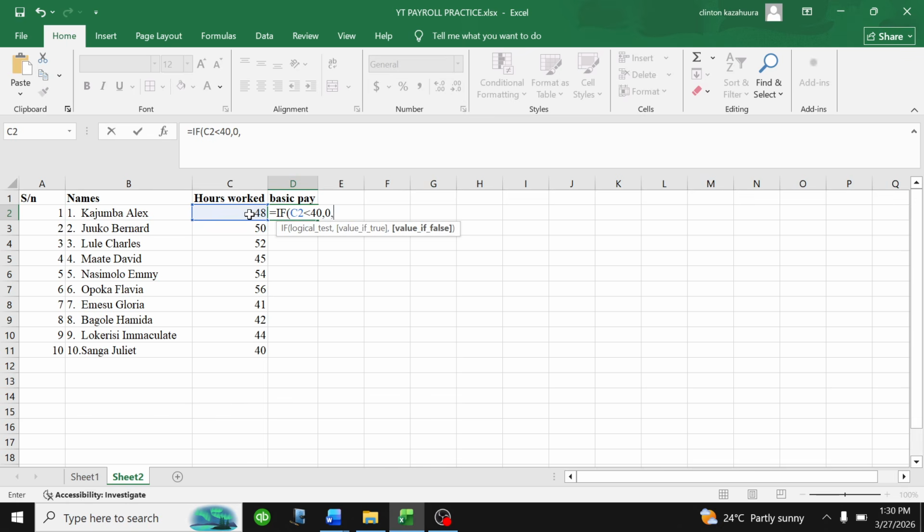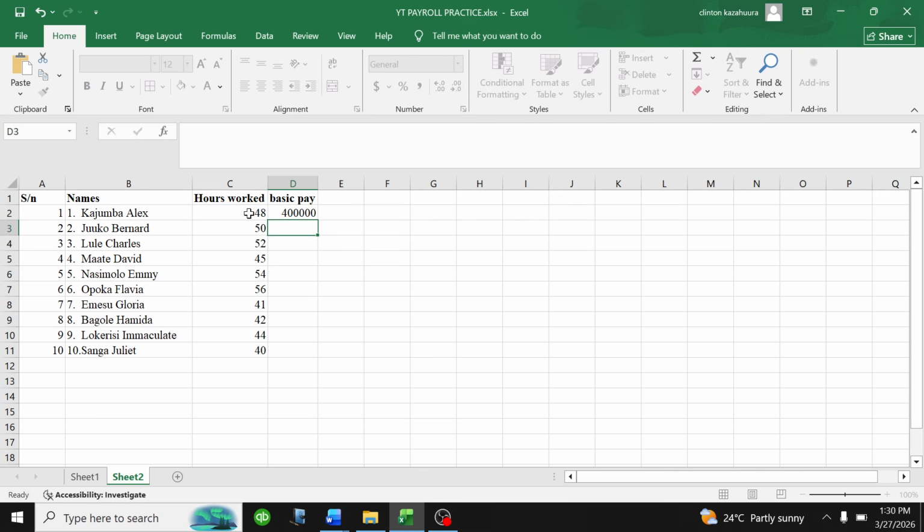Then I continue with a comma and say IF, I open brackets and click in this cell: if you have worked for more than or equal to 40 hours, then you're going to get paid 10,000, which is the rate, times the 40 hours, which are the basic working hours in a month. So I close brackets here.